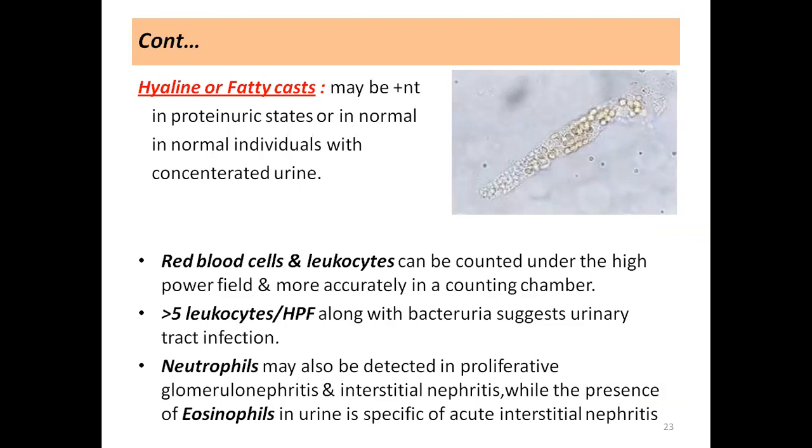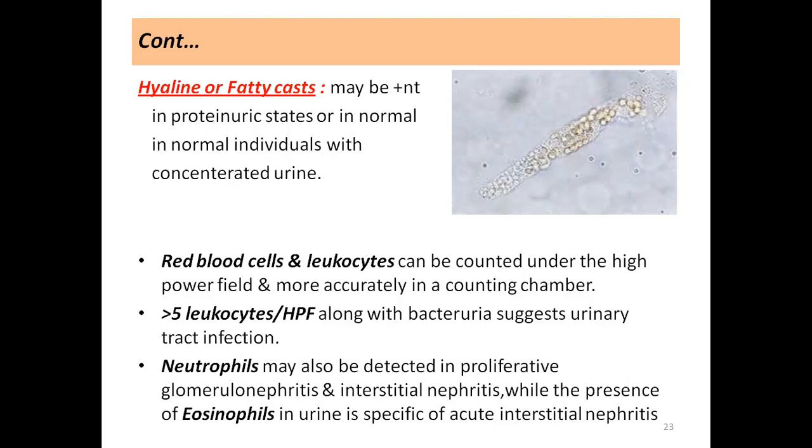Neutrophils may also be detected in proliferative glomerulonephritis and interstitial nephritis, while the presence of eosinophil in urine is specific of acute interstitial nephritis.